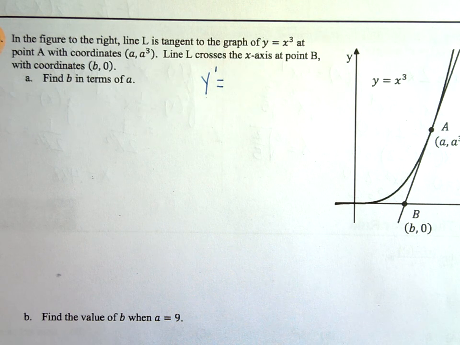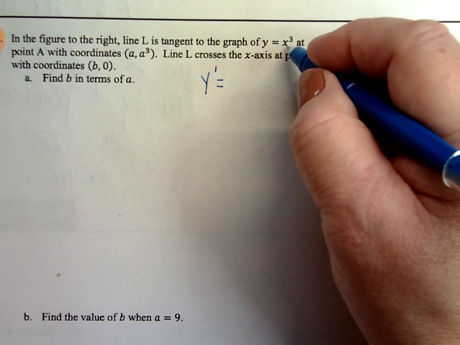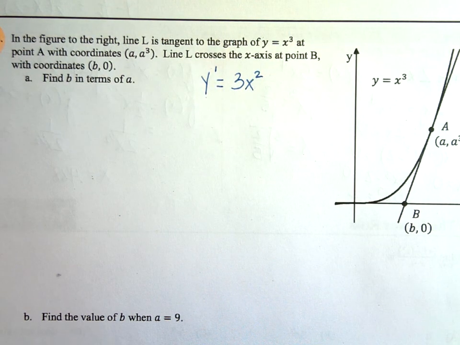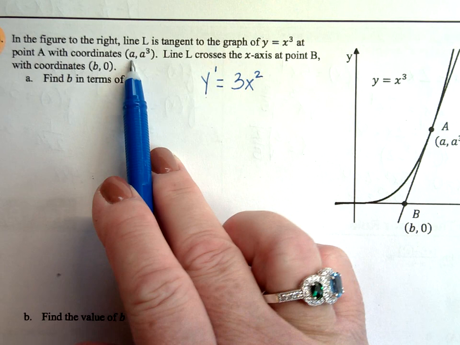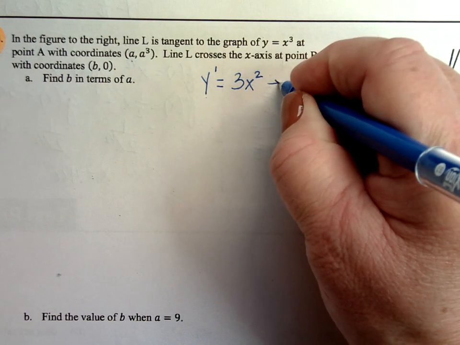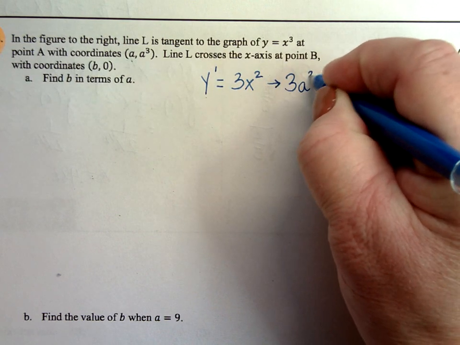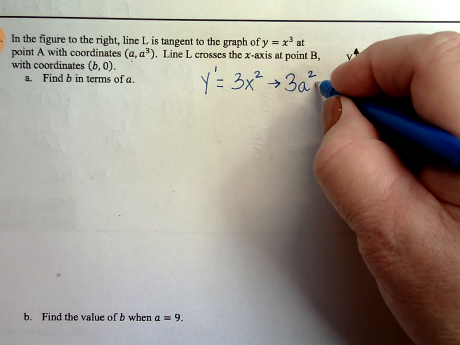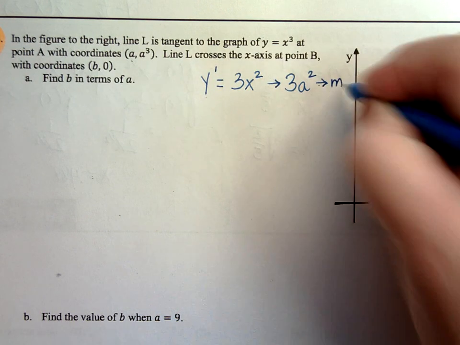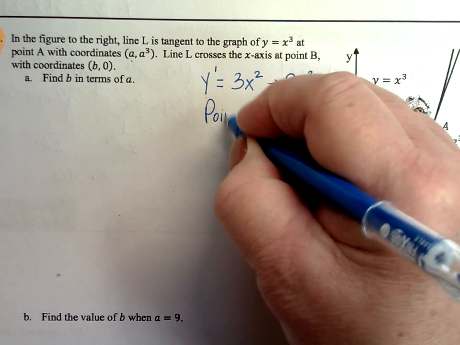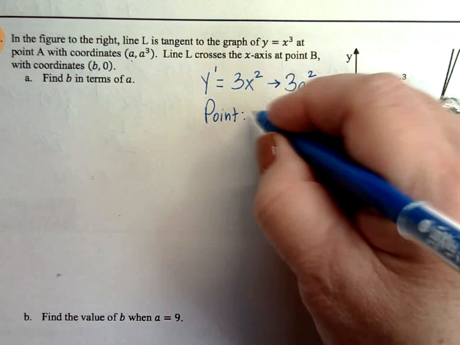Well, y prime, here's my x cubed, is 3x squared. And what is my x value? My x value is a. So this would be equivalent to 3a squared. That's my slope. And I have a point on my tangent line, and the point is (a, a cubed).